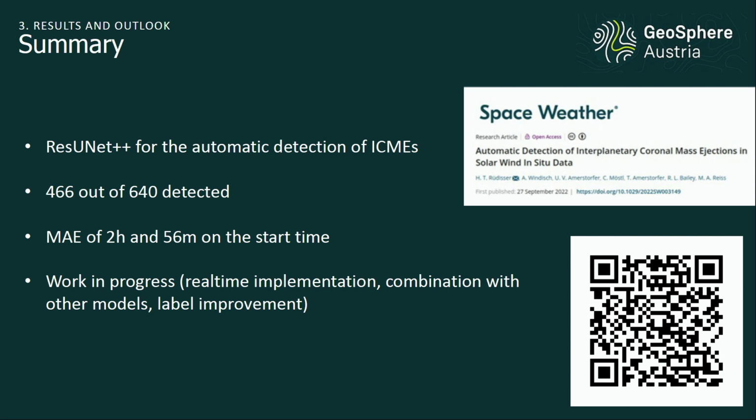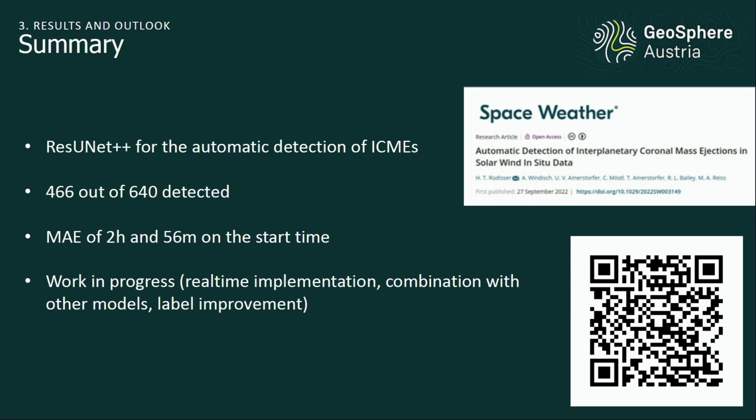So to sum up, we have Resonate++, which we used for the automatic detection of ICMEs. On wind data, we detected 466 out of 640, although I want to mention that during the work that was then published, we also tried the pipeline on STEREO-A and STEREO-B data with slightly less great performance, but still we managed to detect some of the ICMEs.